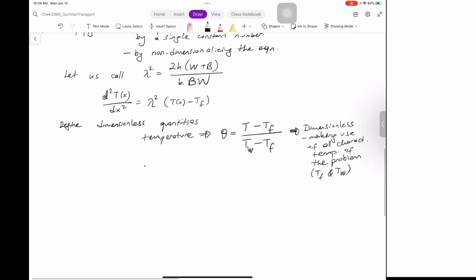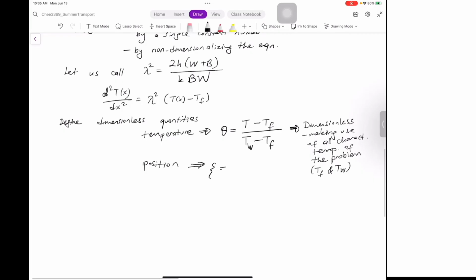So let's non-dimensionalize the position. Instead of x, let's use psi, this fancy Greek symbol, equal to x divided by L, because the only characteristic position that matters in this problem is L. That's why I divide the x by L. Because the heat transfer is majorly happening along the x direction.